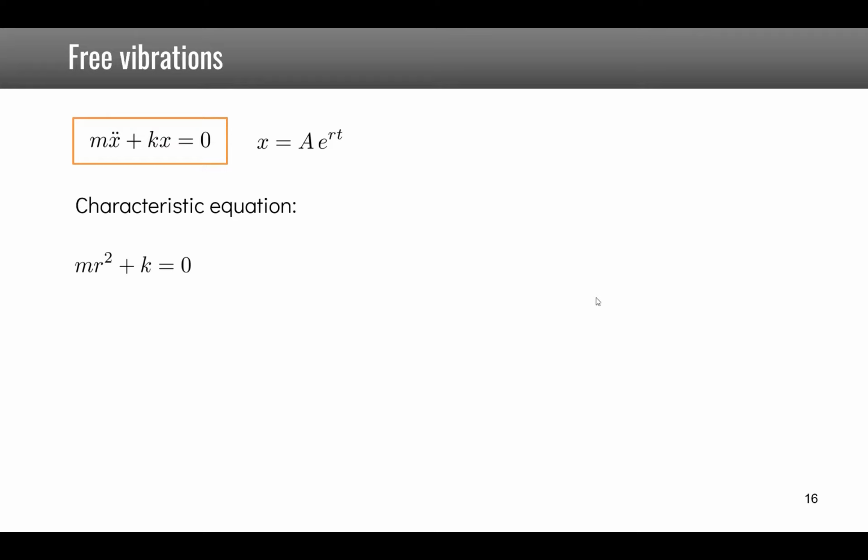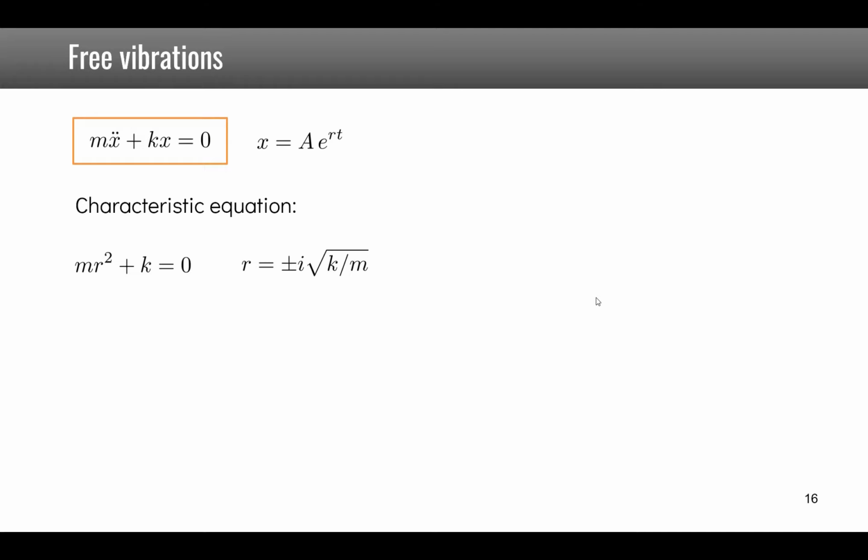By replacing this in the equation, this leads to the characteristic equation m r squared plus k equals 0. A solution exists if r satisfies this equation, and the solution is that r is an imaginary number, either plus or minus i square root of k over m.